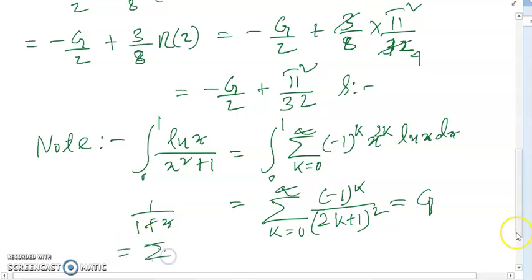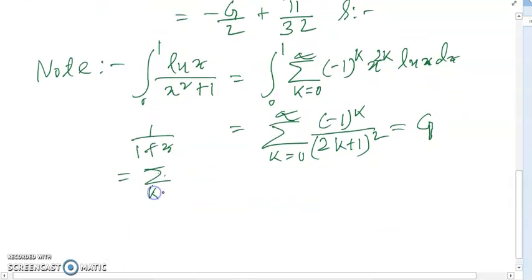k equals to 0 to, okay, another is in here, minus is multiplied in here, minus G. How? Because for ln x, okay, it is minus G. k equals to 0 to infinity minus 1 to the power k x to the power k.